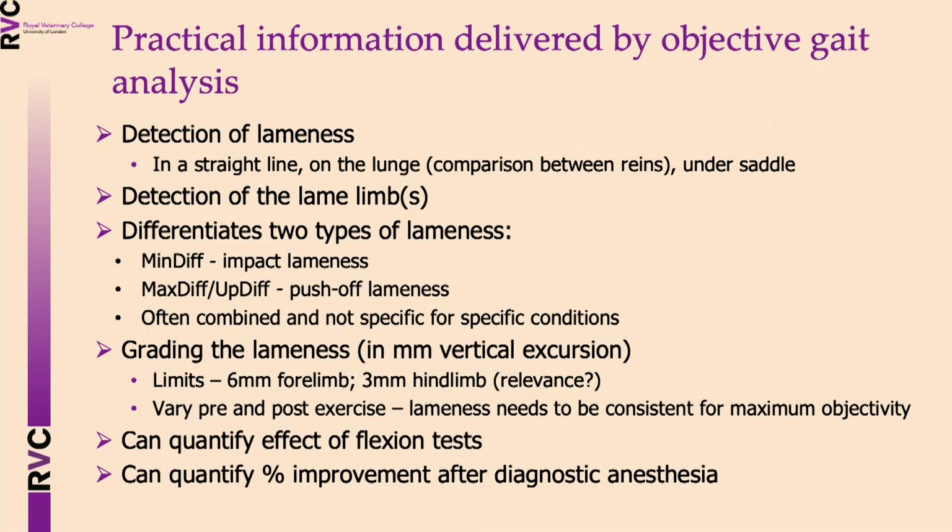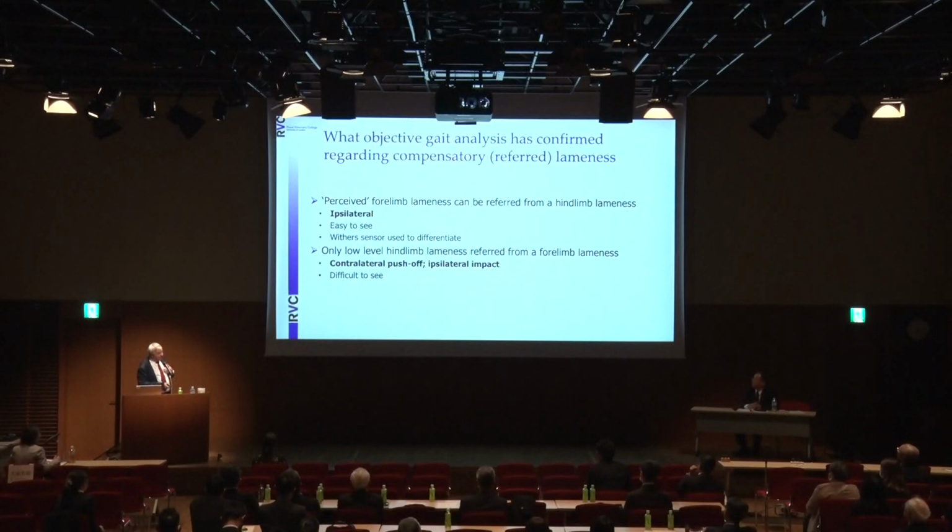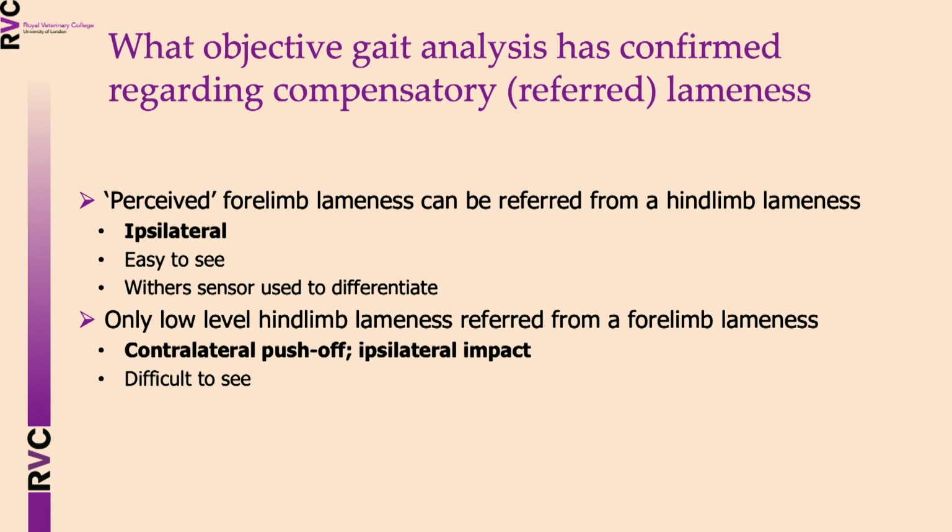And because we have an absolute value, we can quantify the effects of flexion tests and the percentage improvement after diagnostic anesthesia. And also, it is confirmed what we've always known clinically, that we can identify compensatory or referred lameness.